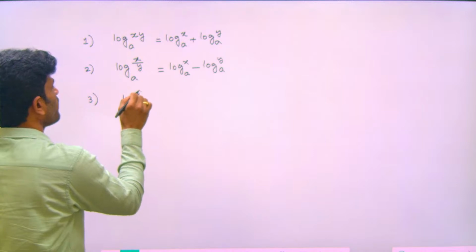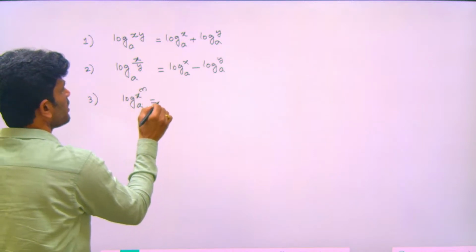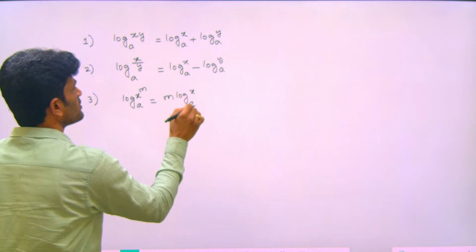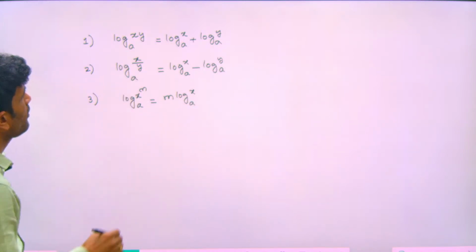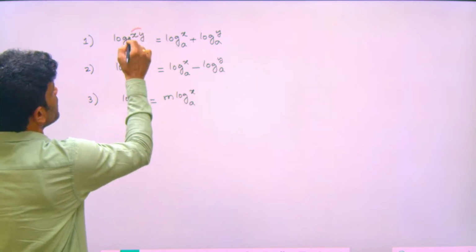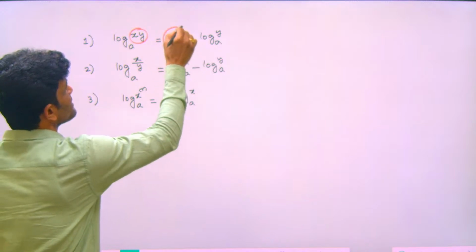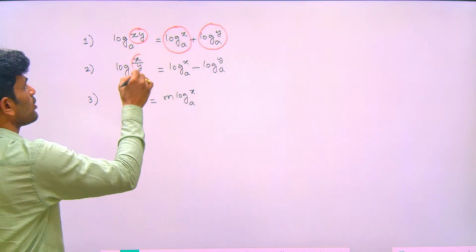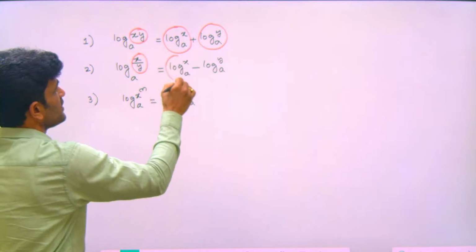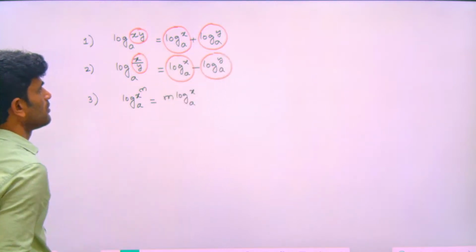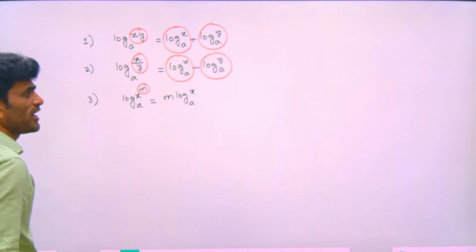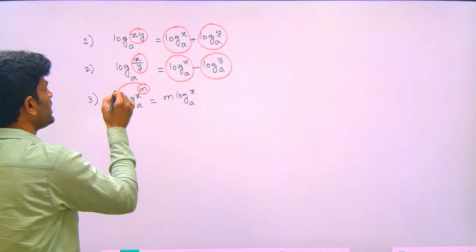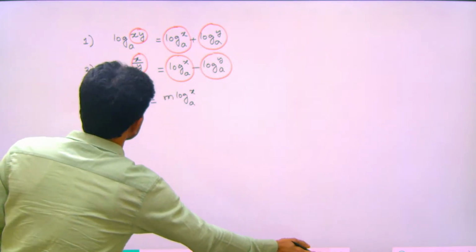Log x to the power of m to the base a is equal to m into log x to the base a. So according to the first law, whenever you have a product of two numbers, we can express it as the sum of two logarithms. Second one, if it is a quotient, we can write it as the difference of two logarithms. Now it is power, we also call it the power law. If power is there, the power will be multiplied in front. This is called power law.